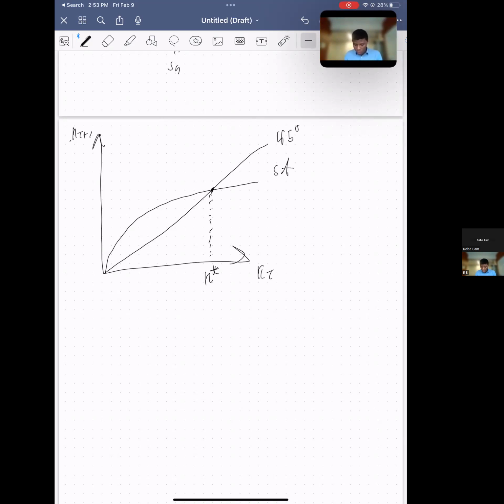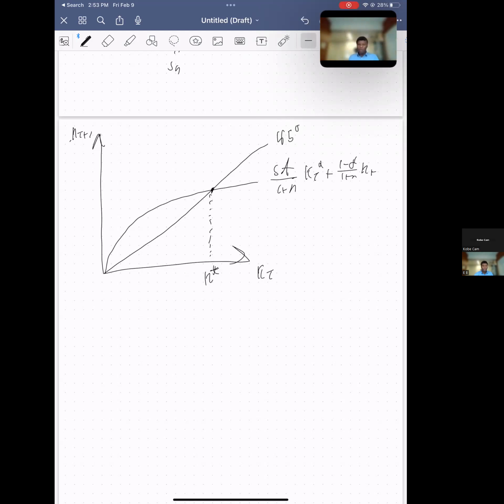And so remember the fundamental equation for the Solow model is like this: S K_T to the A plus 1 minus D plus N K_T. Okay.